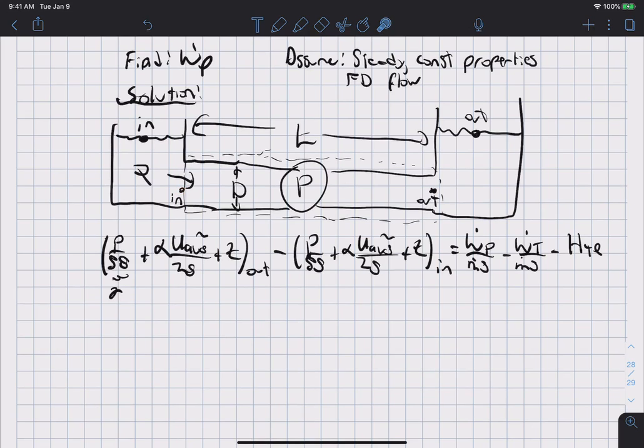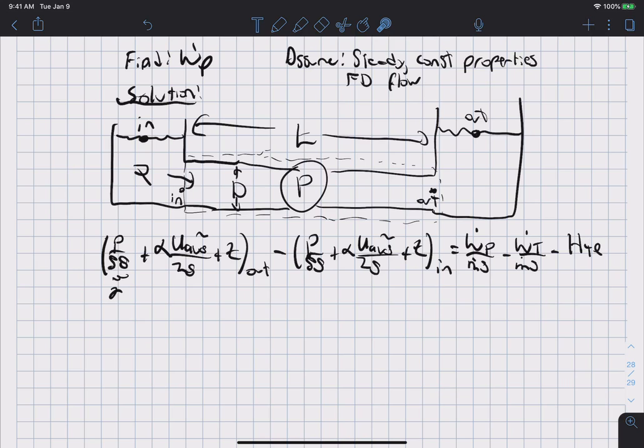Okay? And then note, you could argue that if you pick the inlet and the outlet state here, P is going to be the same, or P is going to be different. But so basically the average velocity is going to be the same here and here. So that's gone. They're at the same elevation, so that's gone, and the pressure is going to be the same because of the pump.